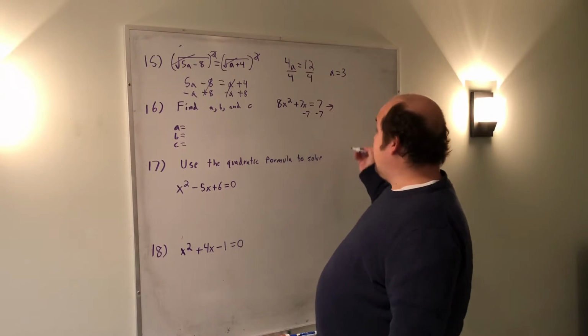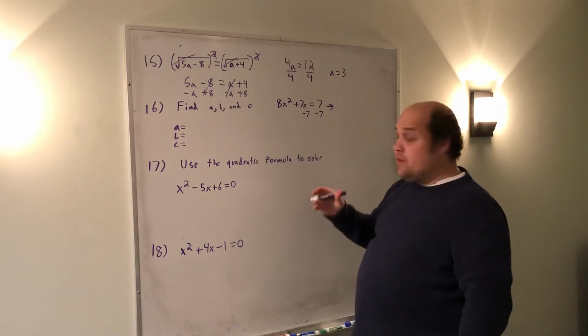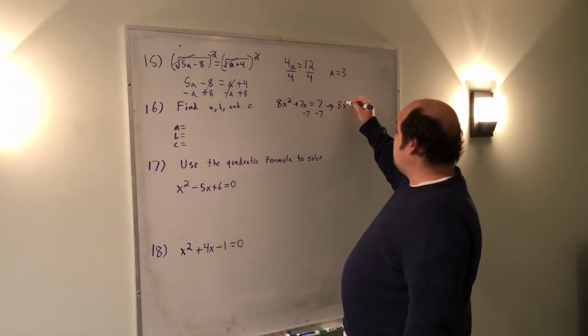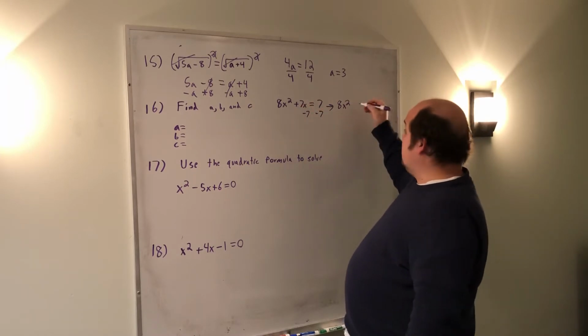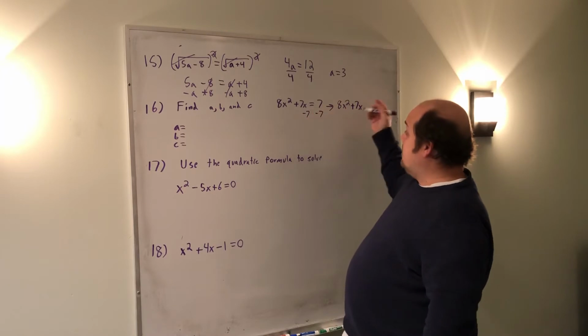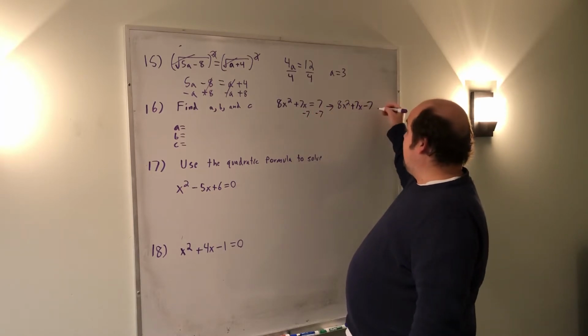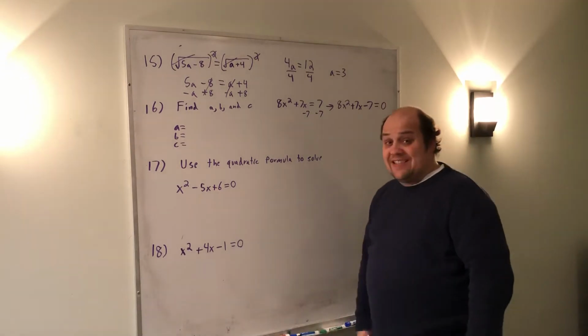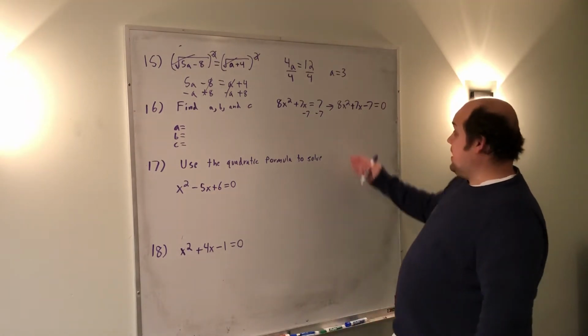Then I'm going to write in descending order, starting with the x squared term, 8x squared, then the single power of x term, plus 7x, then the no power of x term, minus 7, equals 0. Only when it's in this form can I pull out a, b, and c.